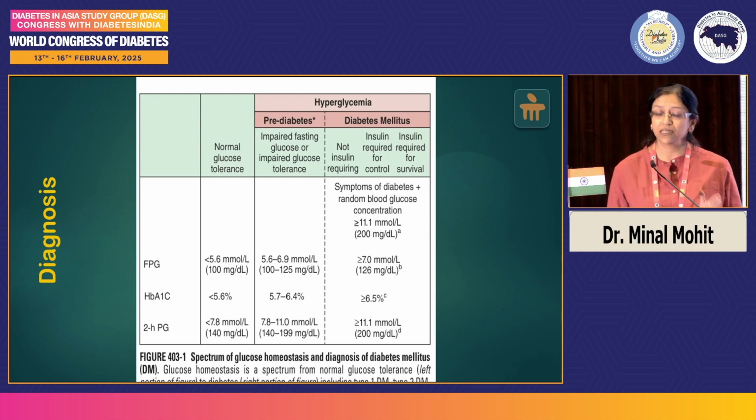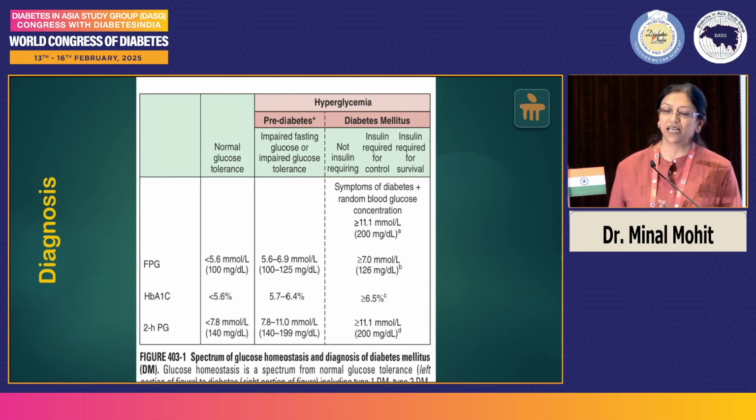As long as the fasting plasma glucose remains between 5.6 and 6.9 millimoles per liter, we classify that as impaired fasting plasma glucose. Then HbA1c between 5.7 to 6.4, and 2-hour plasma glucose of 7.8 to 11 millimoles per liter, is IGT, that is impaired glucose tolerance.